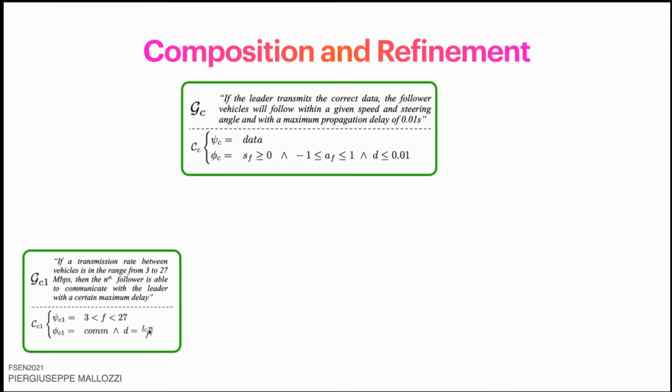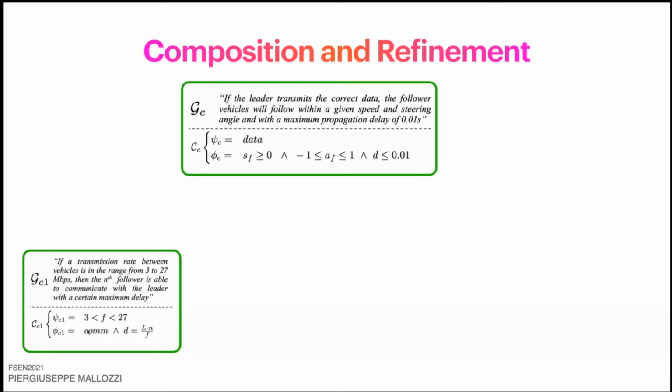Because the propagation delay increases, obviously, if you are the last in the platoon rather than the second. So we formulate these requirements in a more refined way, and we also guarantee that if these assumptions are respected, we can guarantee a correct communication with this variable com.